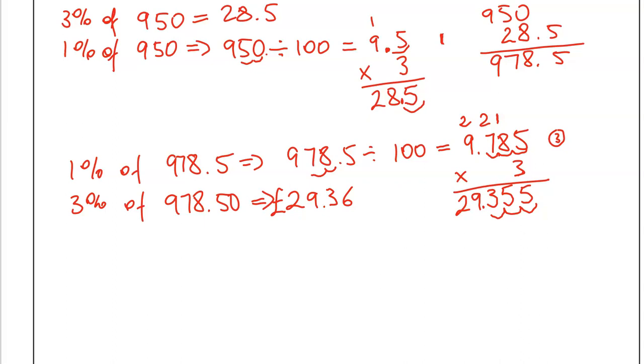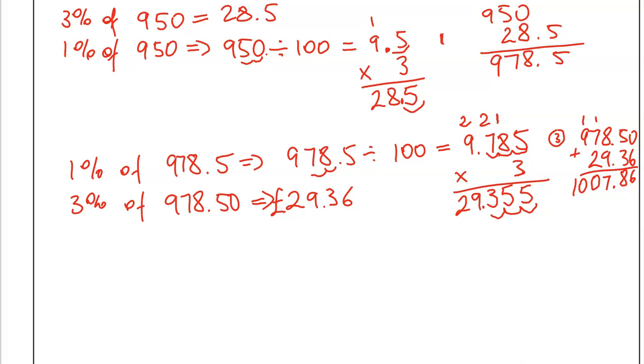So £978.50 add £29.36. 0 and 6 is 6, 5 and 3 is 8, 8 and 9 is 17, so 7 down and 1 carried over. 7 and 2 is 9 and the 1 is 10, so 0 down, 1 is carried over. 1 and 9 is 10, so £1007.86.